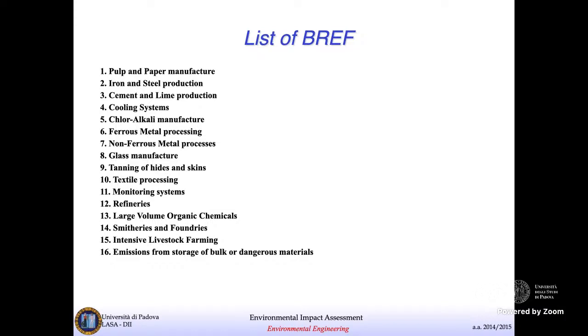Ferrous metal processing, non-ferrous metal processing, glass manufacture, tanning of hides and skins, textile processing, monitoring systems, refineries, large volume organic chemicals, smitheries and foundries, intensive livestock farming. So some agricultural activities like farming may also be seen as industrial processes that may require an IPPC authorization. Emissions from storage of bulk or dangerous materials.